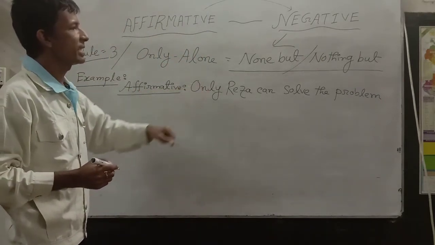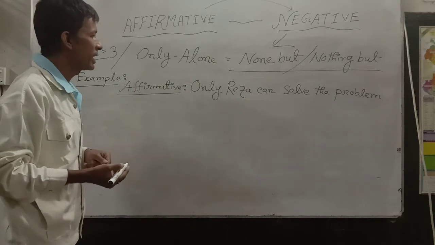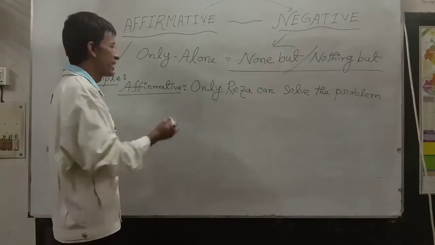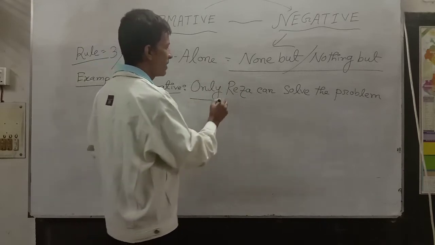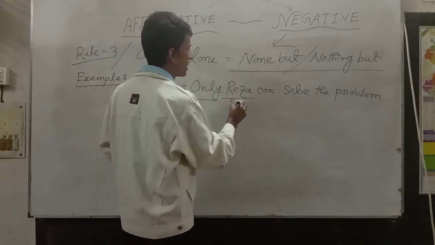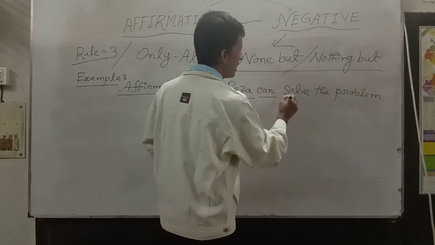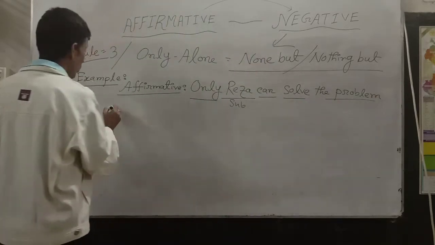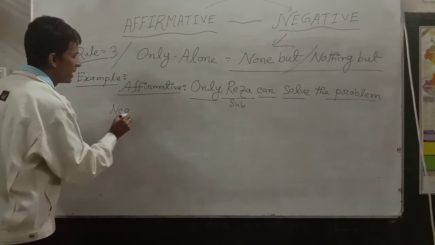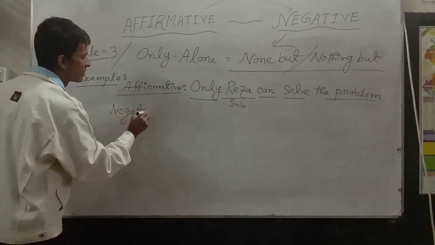Now look at the structure and try to understand what I am going to explain. This sentence starts by writing only. After that, subjective case, modal auxiliary, main verb and object. Now you will have to transfer it into the negative sentence.